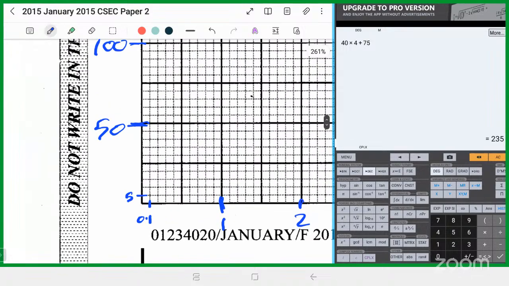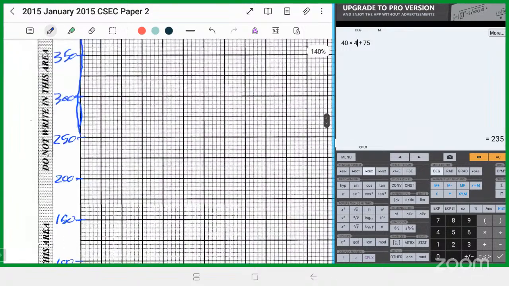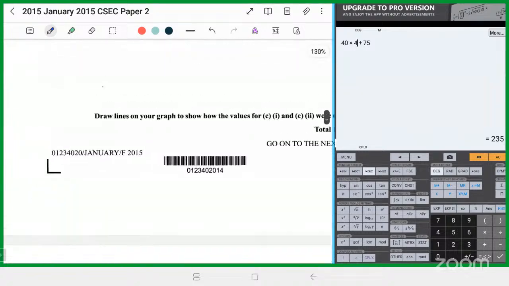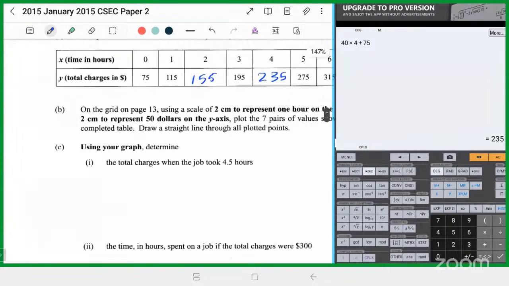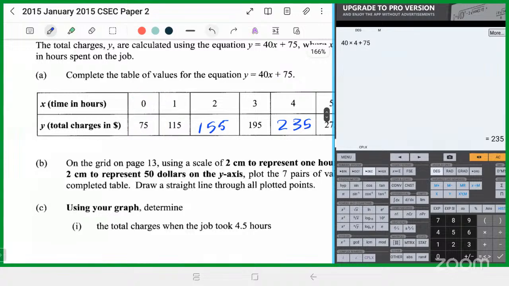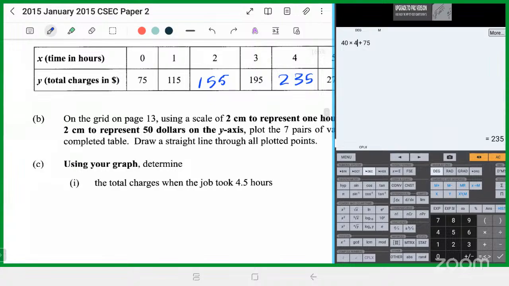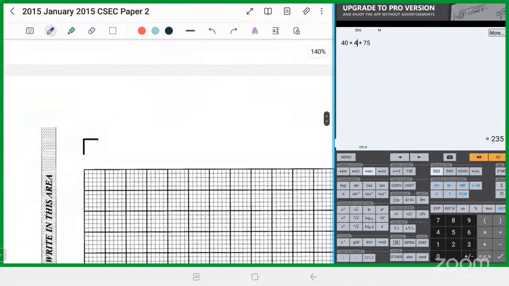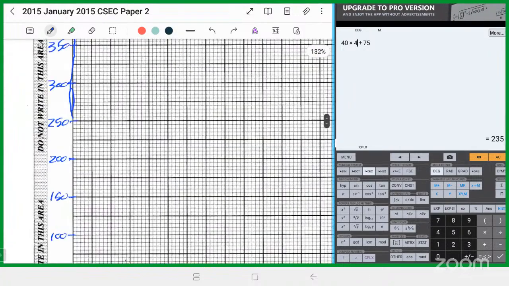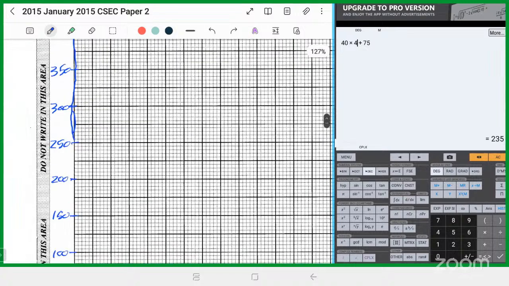All right, let's go now. Plot the graph. The first pair is 0.75, and it's basically increasing by 40 here. So let's do the graph in there.